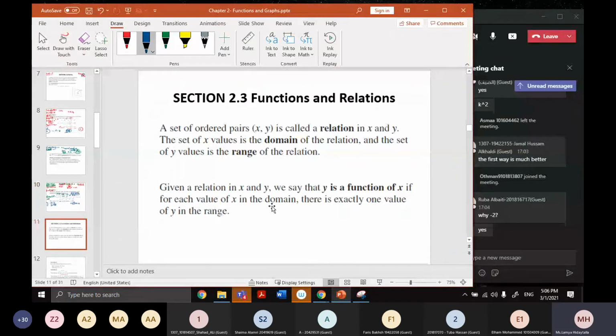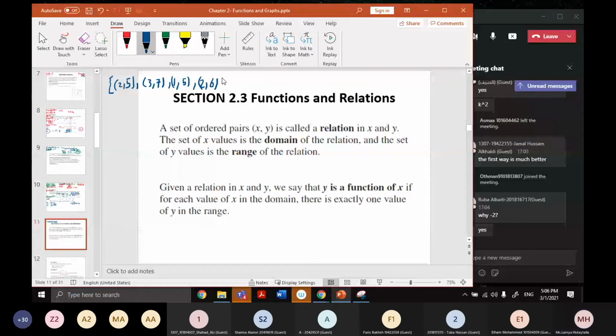Okay. Now functions and relations. If we have any ordered pairs like this, for example 2 with the 5 and for example 3 with the 7, okay, and for example 1 with the 5 and etc. Okay, and for instance 2 with the 6.